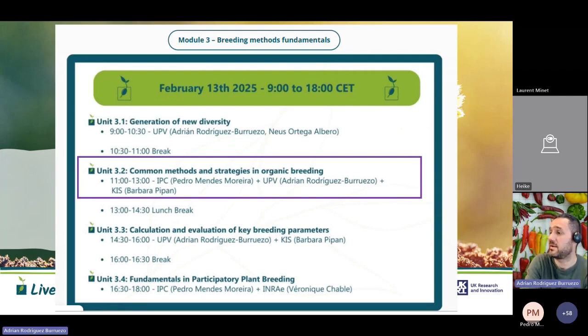We have already shown unit 3.1, unit 1 within this module, the generation of new diversity. We come from the break, and now it's time for unit 3.2, or unit 2 within this module 3, which is aimed at common methods and strategies in organic breeding.